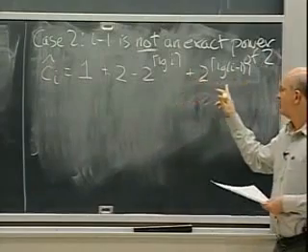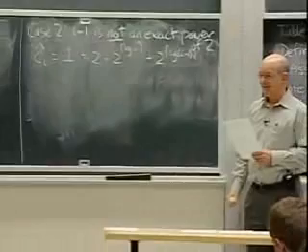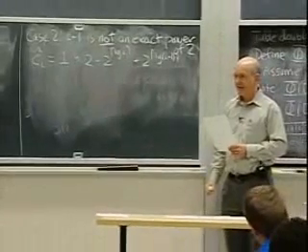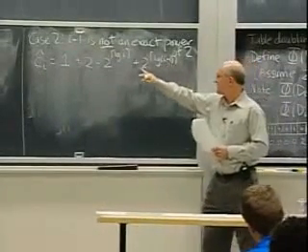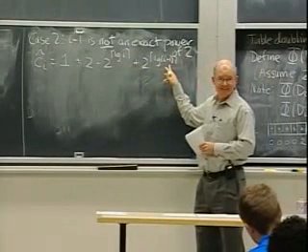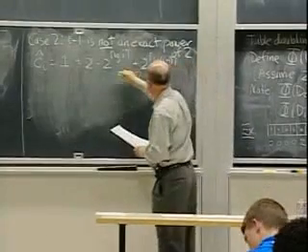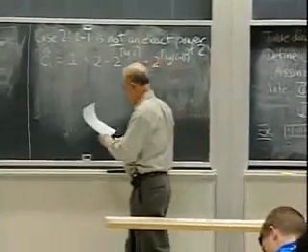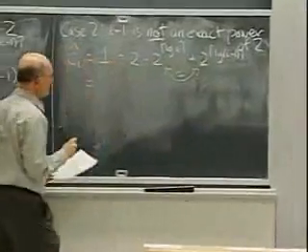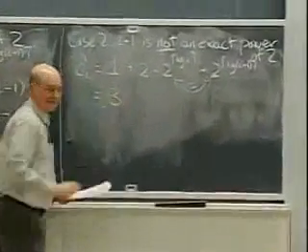What are they? Equal. Why is that? Yeah, the ceiling is going to do the same thing to both. Going to take it up to the same integer. So these two things are equal, which means this is equal to 3.